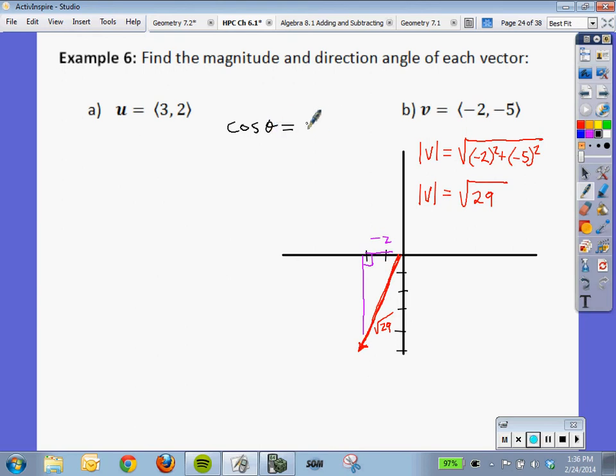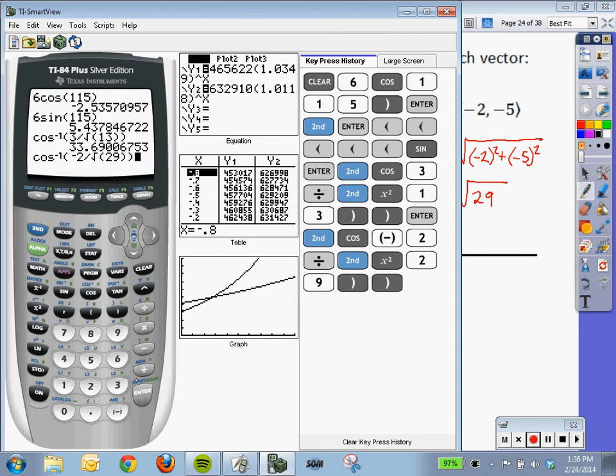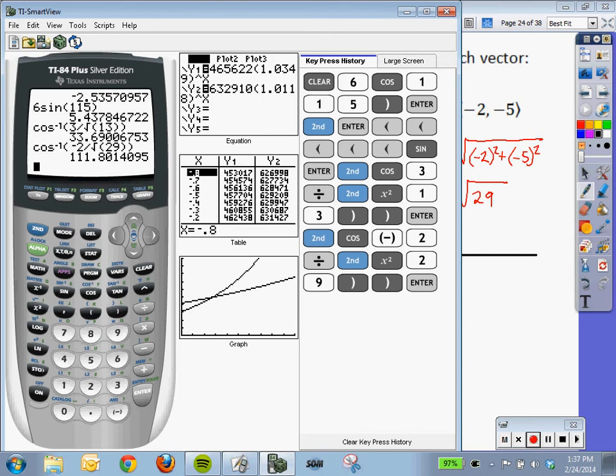But we know that the cosine of theta is equal to -2 over the square root of 29. So -2 divided by the square root of 29. Ooh, that's not right, is it?